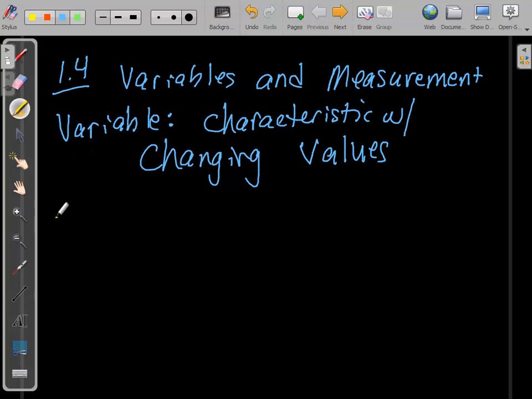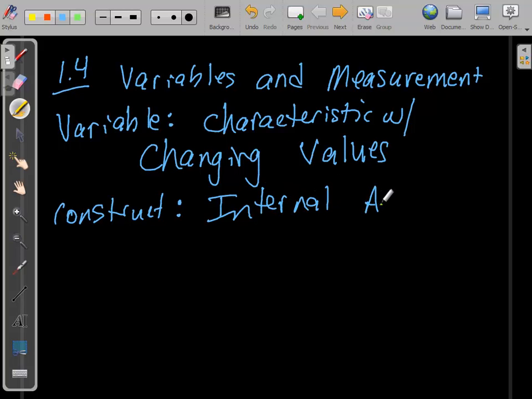We use this idea of a construct. Okay, so a construct is an internal characteristic, internal attribute that is used to describe or explain behavior.